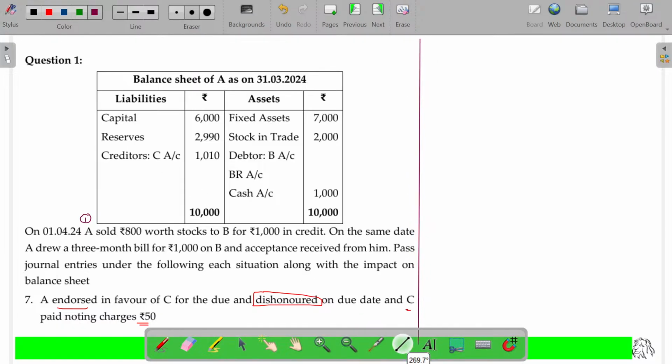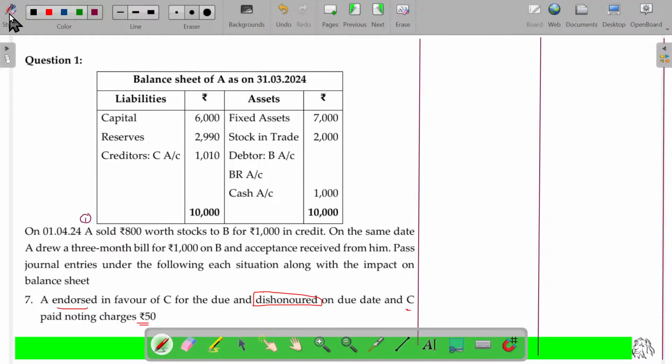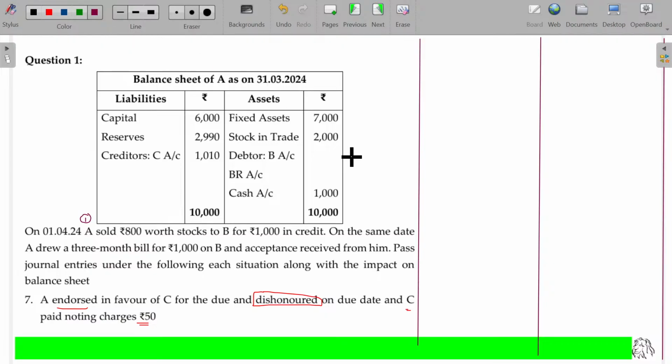Come on, pass the journal entry for the sale. 1/4/24. The sale happens in the books of A. B account debit to sales, value being 1000.